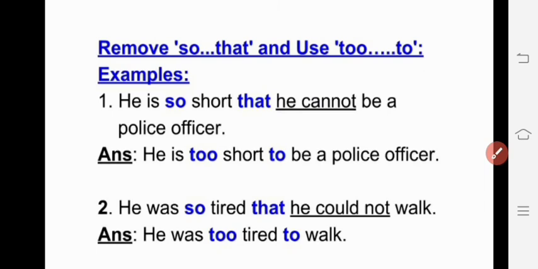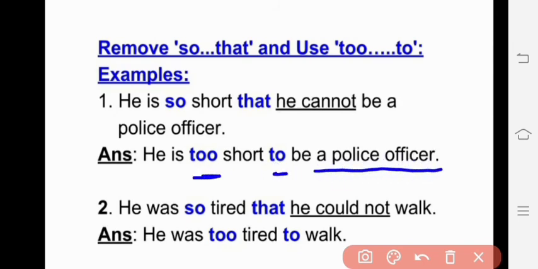For example: he is so short that he cannot be a police officer. So: he is too short to be a police officer. Here you can see the pronoun and cannot are totally omitted.